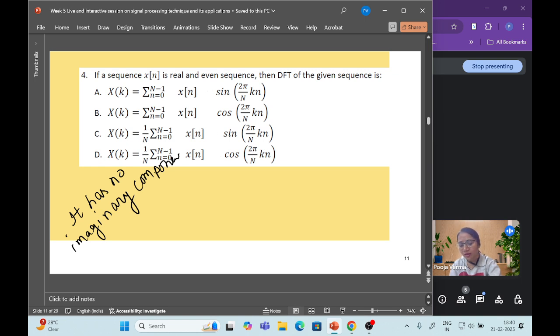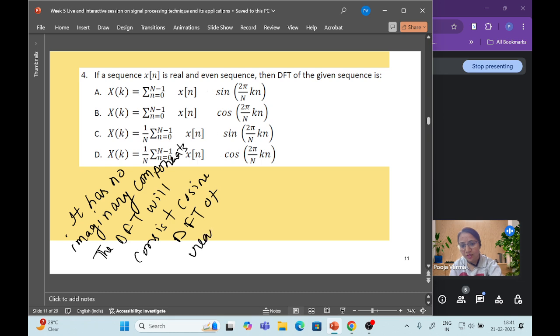So I am just giving the hint: it has no imaginary components in this equation, and the DFT will consist of cosine terms only. So the DFT of a real and even sequence must be so.